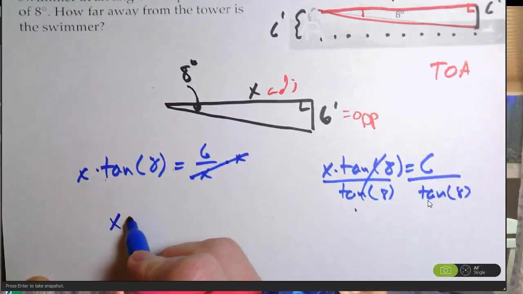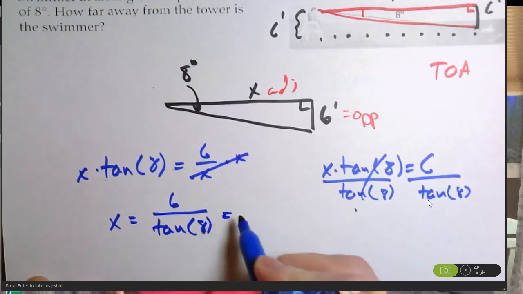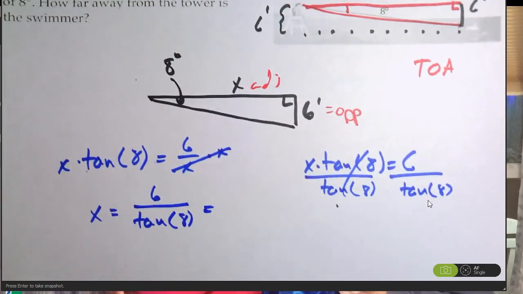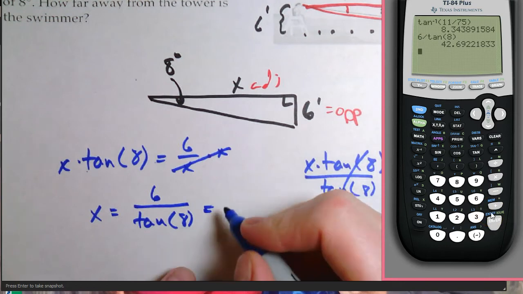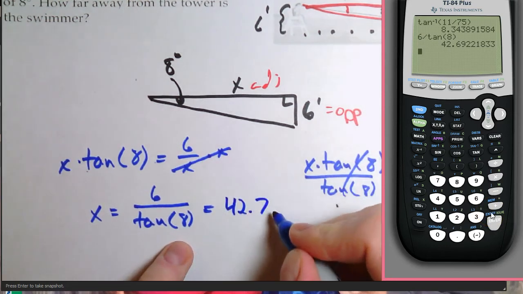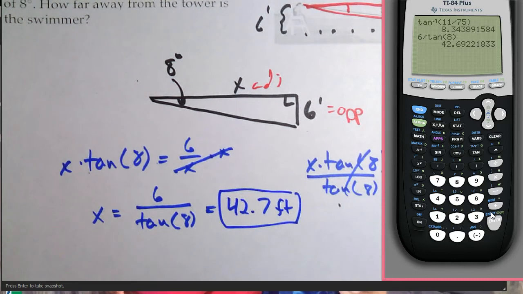I'm just walking through the algebra, but it is going to be 6 divided by the tangent of 8, which then we get our calculator out. 6 divided by tangent 8. And we get 42.7 feet, if we go to the nearest tenth. Okay. So yeah, we'll look at more problems in class, but that's the basic idea for this section.